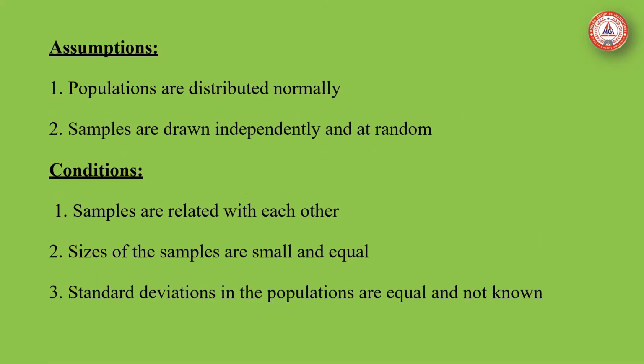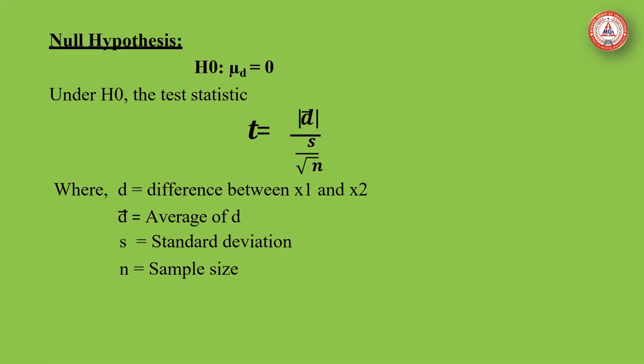Population distribution normal. Samples are drawn independently and at random. Samples are related with each other. Size of the samples are small and equal. Standard deviation in the population are equal or not known.